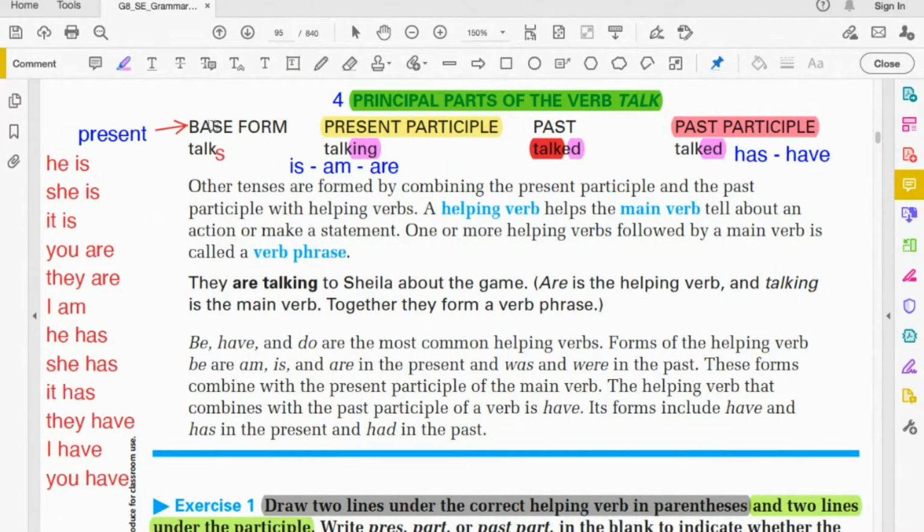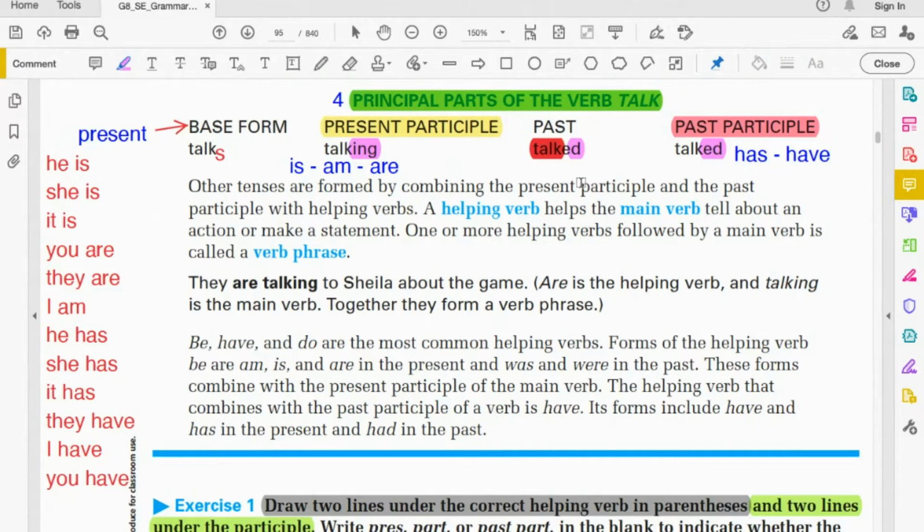My base form, that's the present, and my past form, these two we spoke about in the last lessons, 17.1, 17 part 2, and review of 3.5.